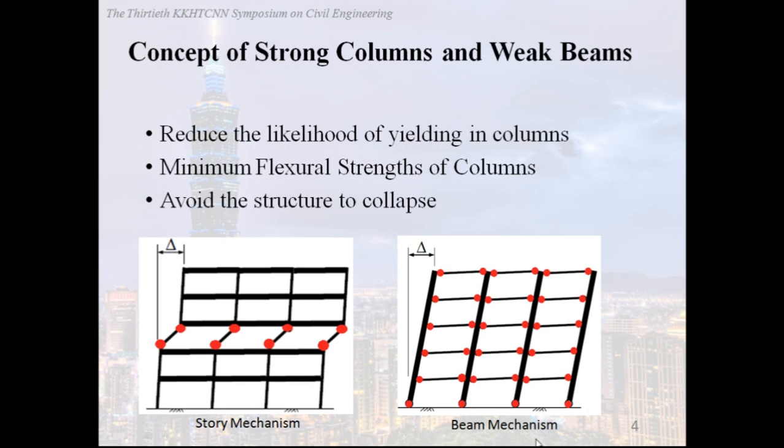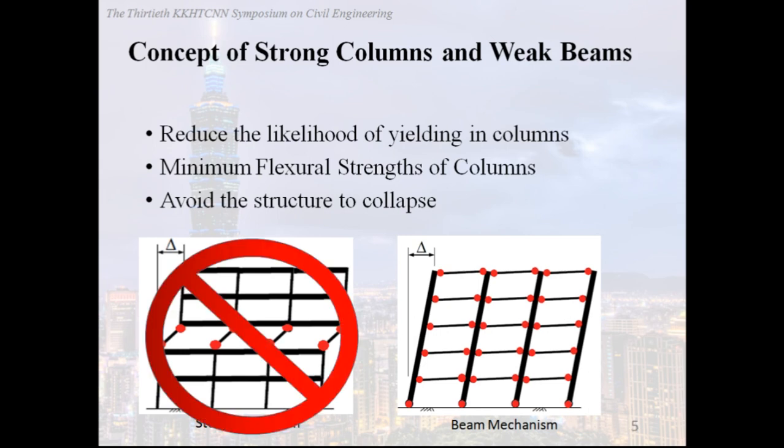In seismic design, we hope that the structure can have large deformation to dissipate energy, but not lead to collapse when the earthquake comes. So, the best failure mode of a structure is beam mechanism. Its behavior will satisfy the concept of strong columns and weak beams.